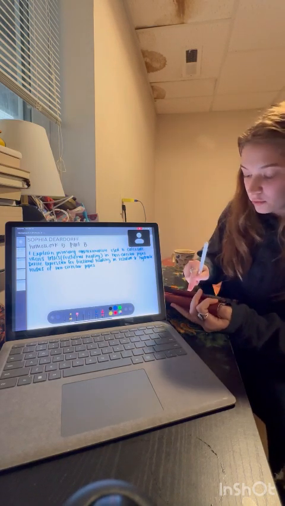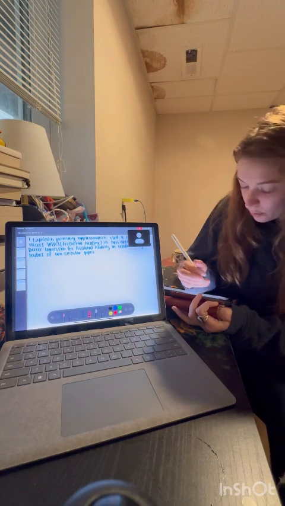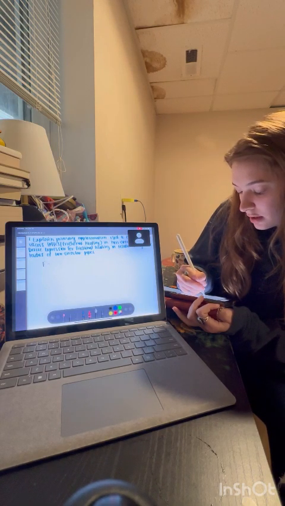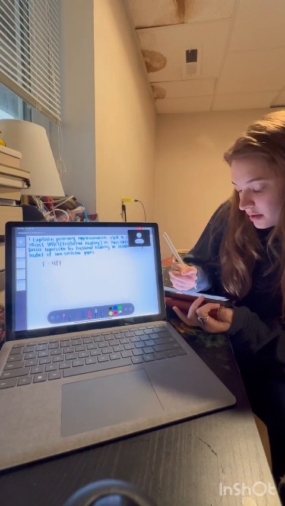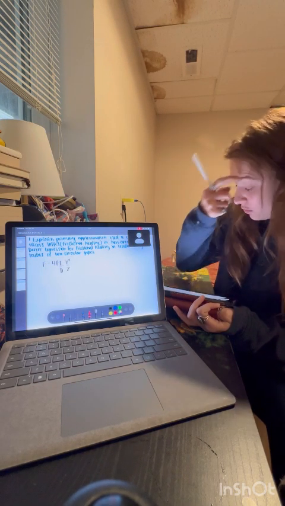So to start this off, we will define what we know as our F, and that is going to be 4F L over D times V squared over 2.